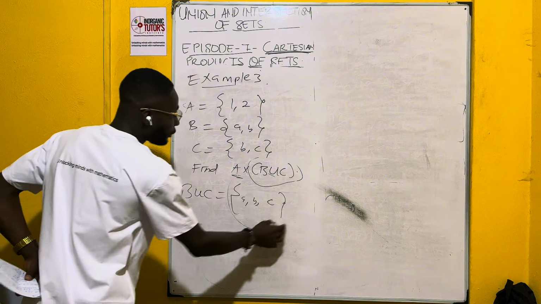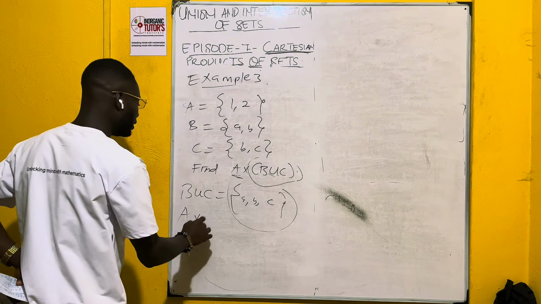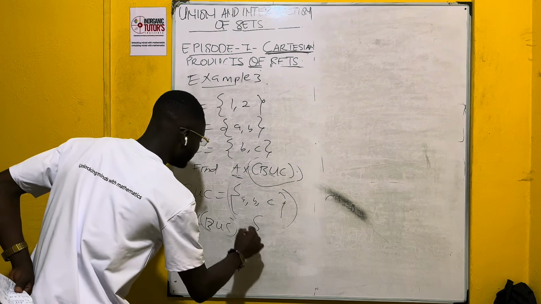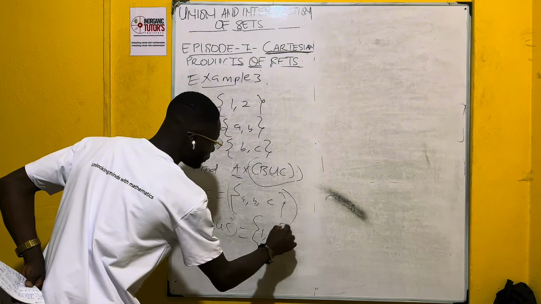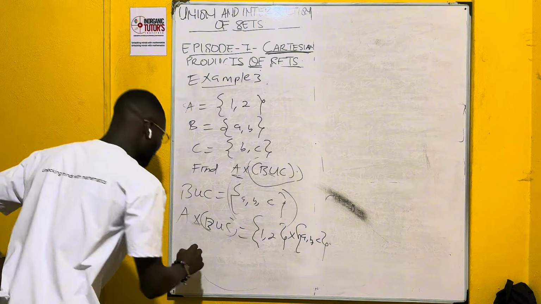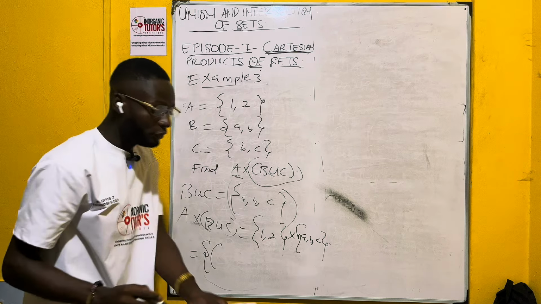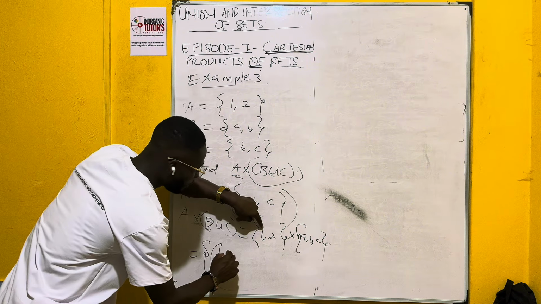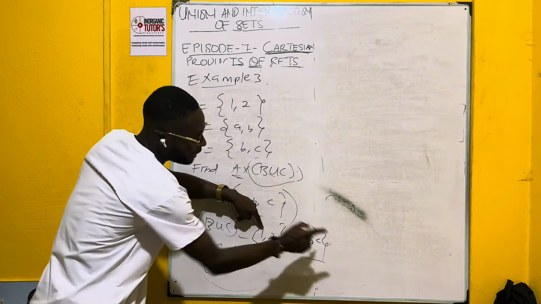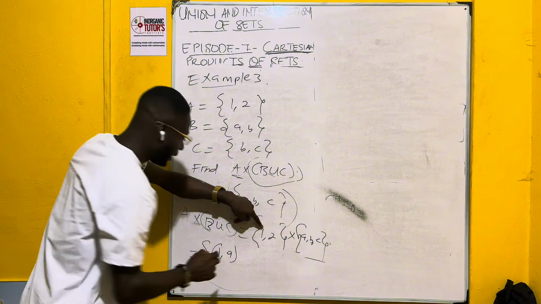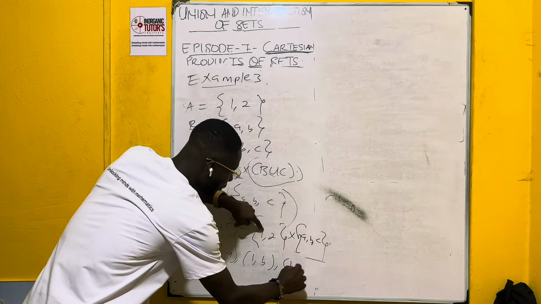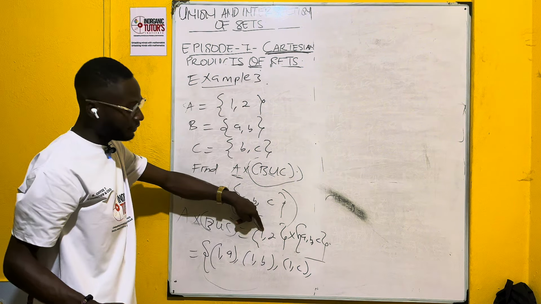Now, you're going to pair this with that. So A cross B union C, you're going to have 1, comma 2 cross A, comma B, comma C. So the same pairing again, you fix 1, then you pair with all the elements in B union C. So we have 1, comma A, 1, comma B, 1, comma C, and that ends the pairing for 1.